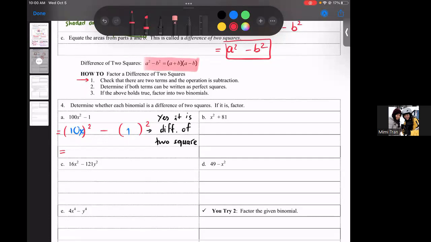Your A is the one in blue, and B is also the one in blue, the second one. So two binomials: A plus B, so 10x plus 1, and A minus B, so 10x minus 1.